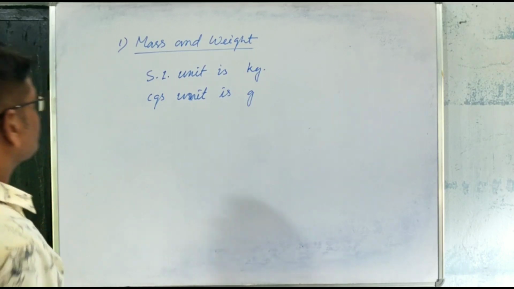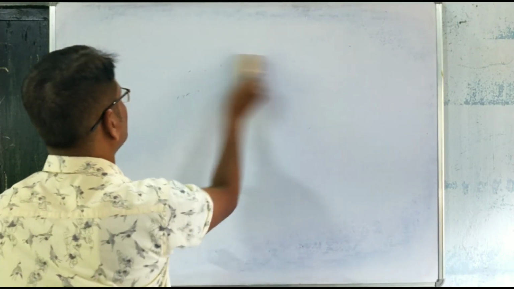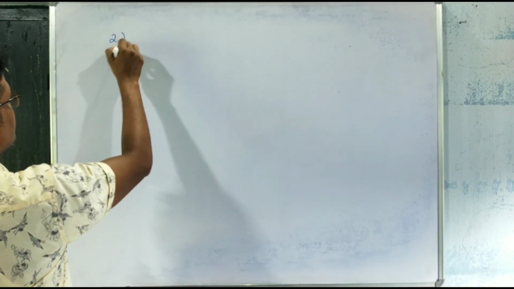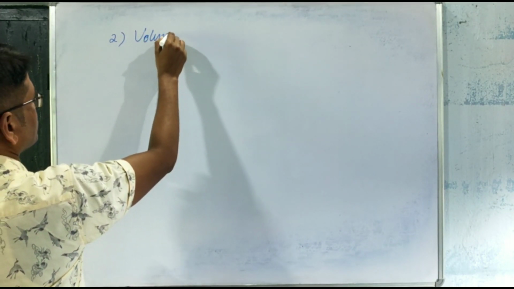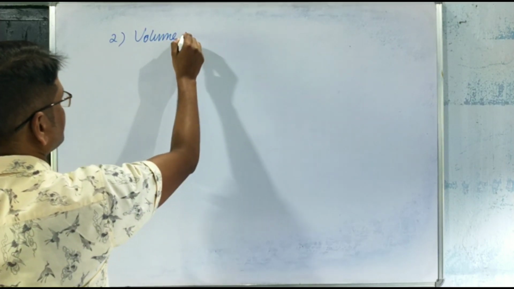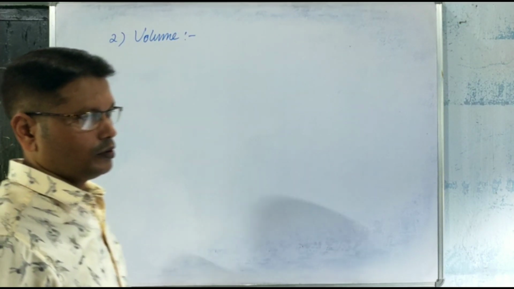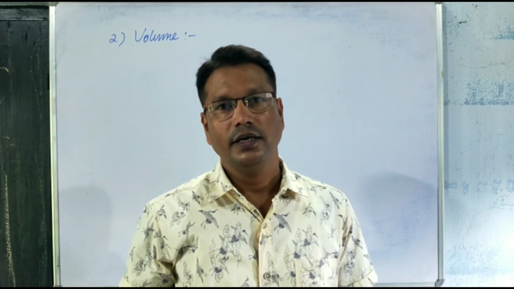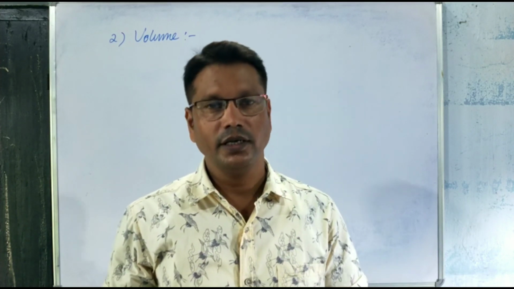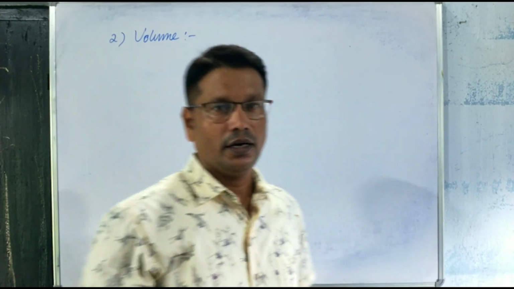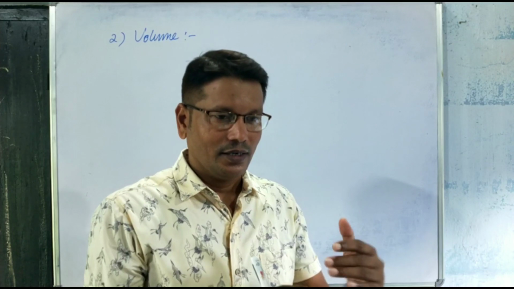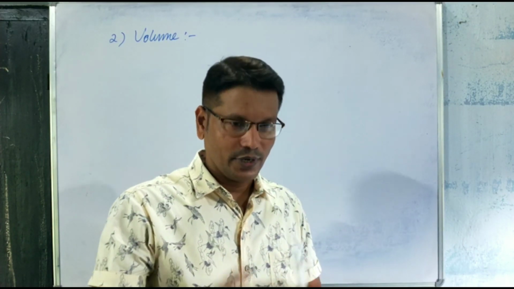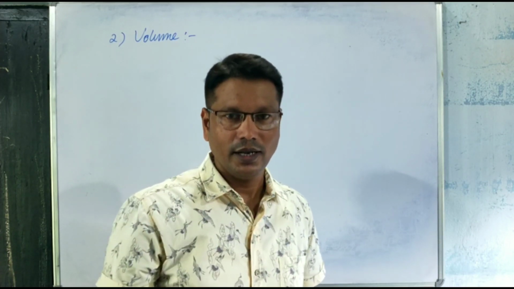Next, another physical quantity is volume. Volume is expressed by length into breadth into height. So that means there are three lengths. Length is a length, breadth is also a length, and height is also a length.